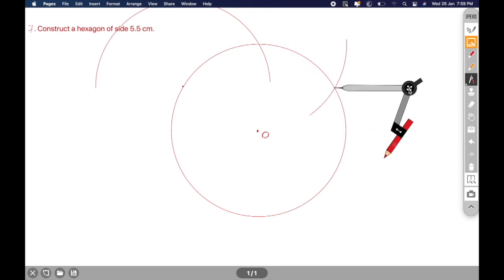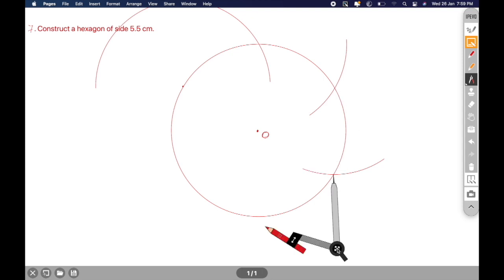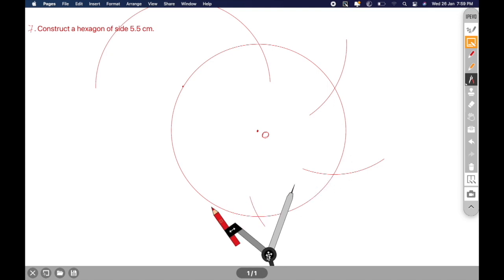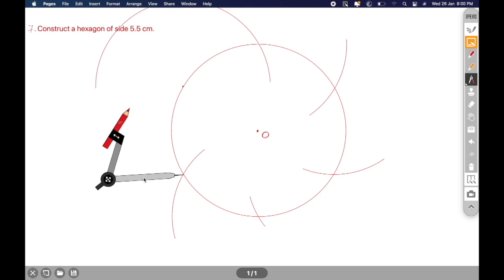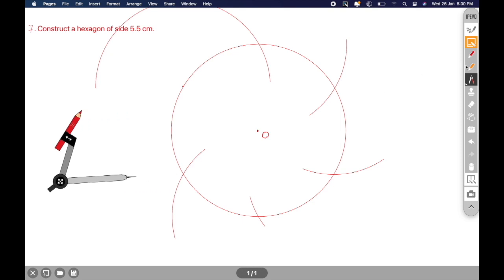Then with this point as the center we will draw the third arc. The process goes on. So we have got 1, 2, 3, 4 vertices. This is the 5th vertex, and we have already marked here the 6th vertex, right? So all the vertices are found out.